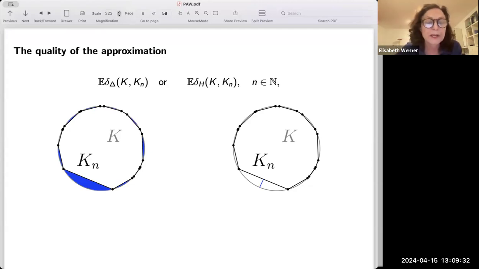In the picture on the left, we see that if we consider the symmetric difference metric, we have to look everywhere on the boundary to catch our excess volume. Whereas when we look at the Hausdorff distance, it's actually only one situation which is relevant for the Hausdorff distance. So this is the difference between the two setups.